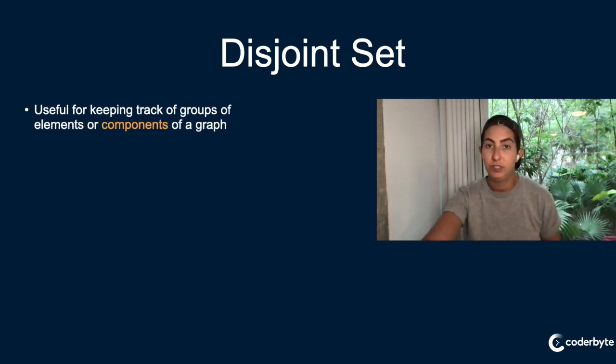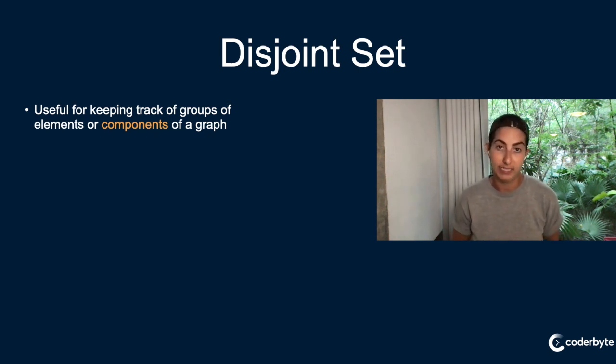So, again, this is useful for keeping track of groups of elements or components of a graph, right? In our example we just went through, when we remove node 1, we have one component, which is 0 up at the top, and then we have the rest of the graph as the other component.